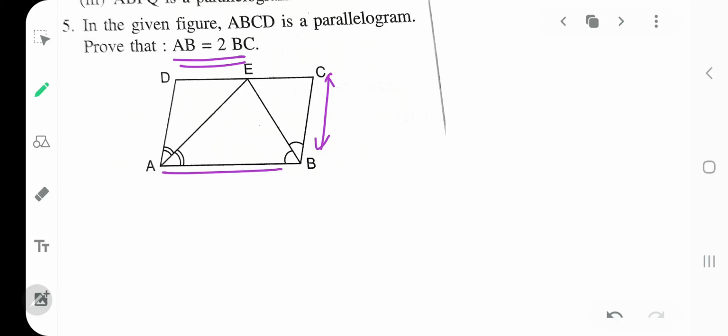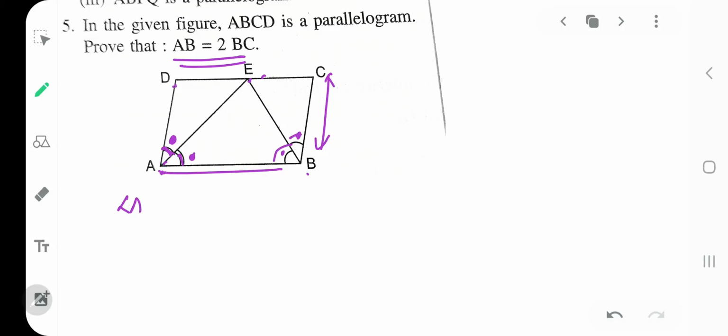Now, if this is a parallelogram ABCD, can I say DAE is equal to EAB? It is given, sorry. It is given. Can you see the marking here? It is given. And this is also given. So, these are the bisectors.